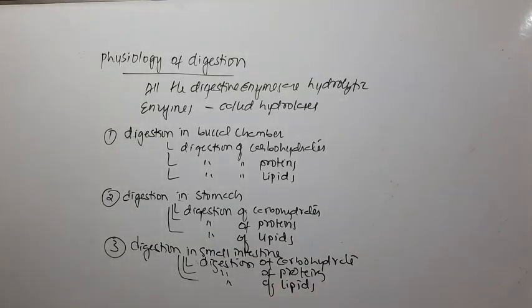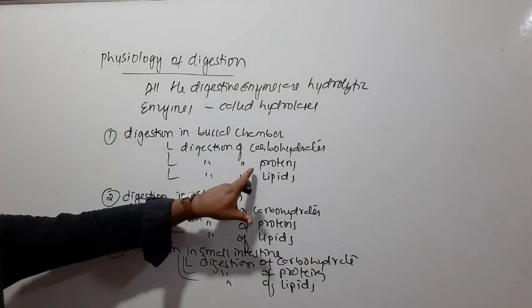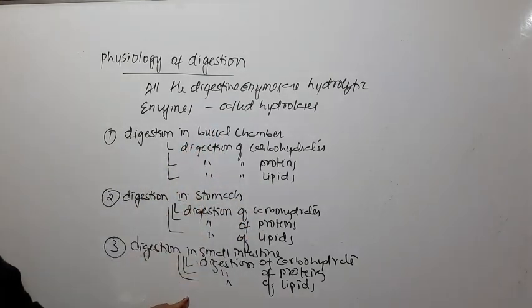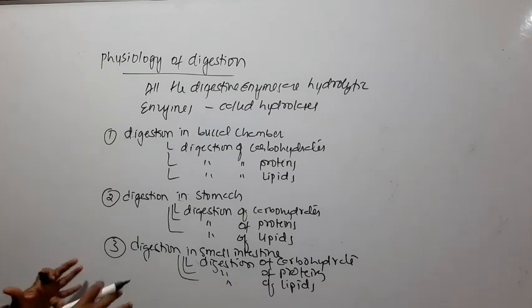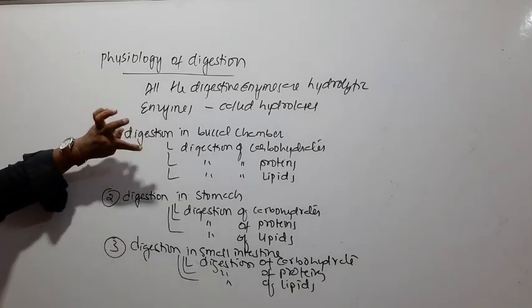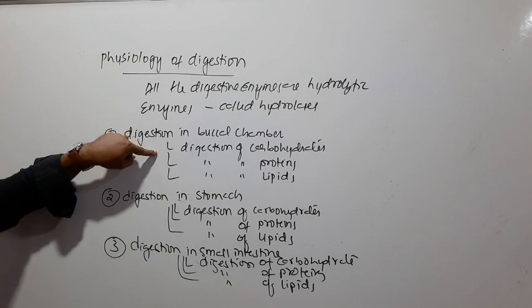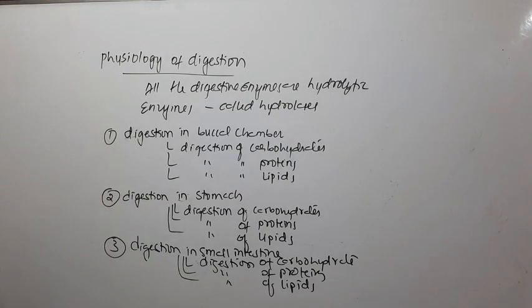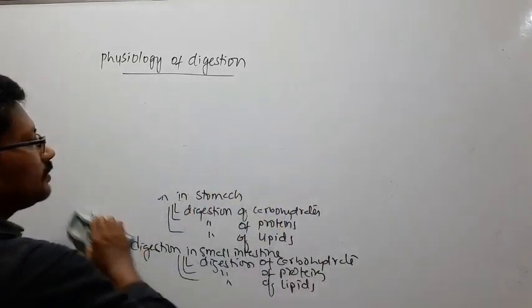So whatever the digestion of carbohydrates, proteins, and lipids in the buccal chamber, in the stomach, and in the small intestine, this is the order in which I will be discussing. So first we'll see the digestion in the buccal chamber, how the carbohydrates get digested, how the proteins get digested, and how the lipids get digested. So let's first see the first one, the digestion in the buccal chamber.